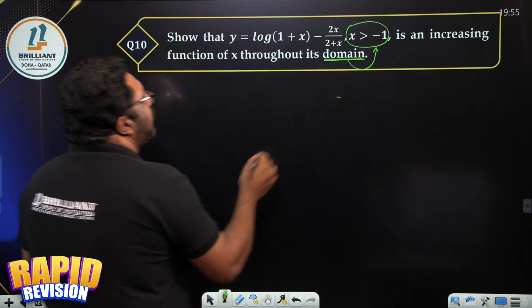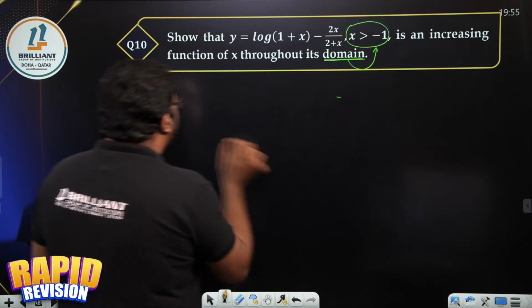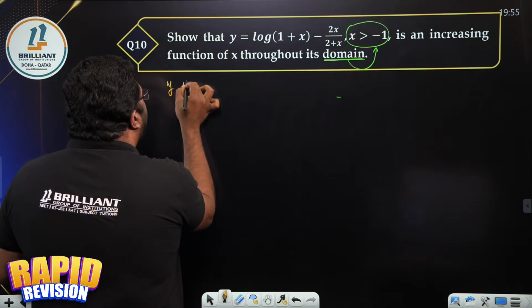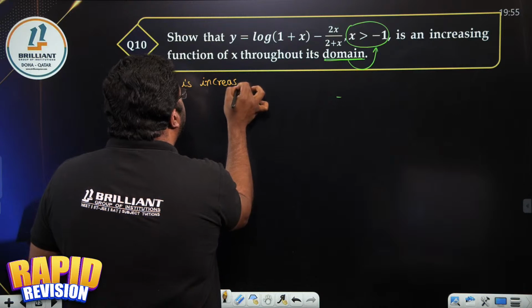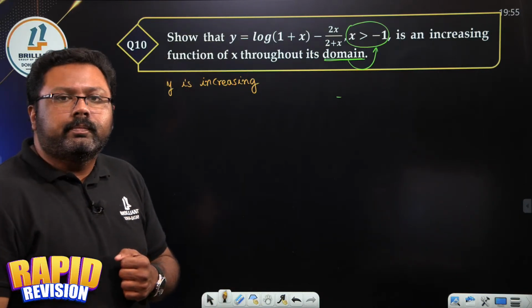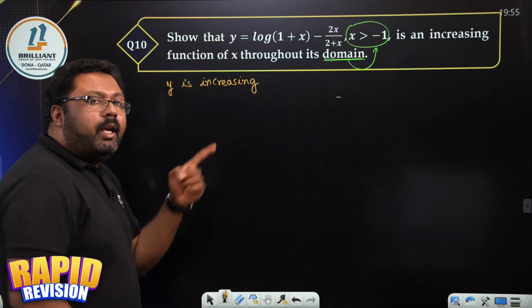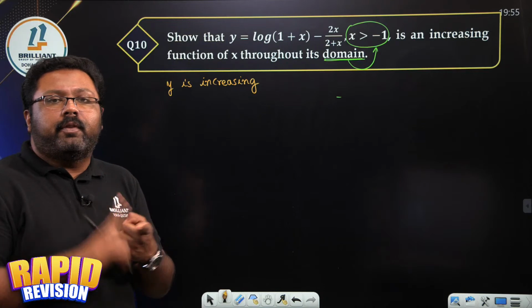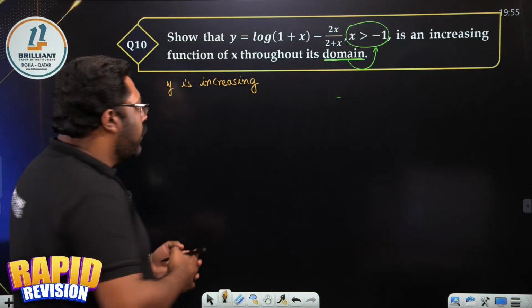Strictly increasing means what? Oh, it's not strictly increasing, I'm sorry. Show that y is increasing. There is a slight difference between strictly increasing and increasing. Remember, strictly increasing means the first derivative should be strictly greater than 0.